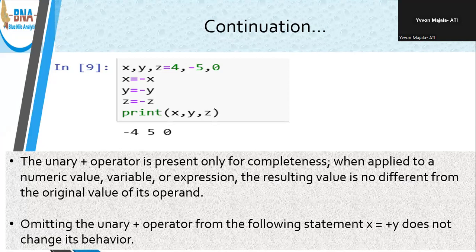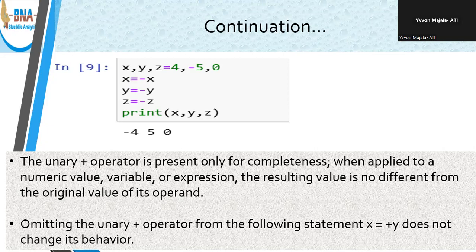Minus times minus will be addition. So that will be 5. And then -0 doesn't have any value, so you cannot have -0. Zero does not add any value, so it just remains like that. It can be positive, it can be negative, but it doesn't add any value. So it's just like that.